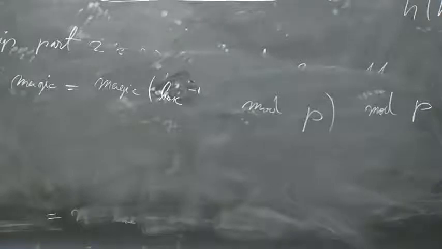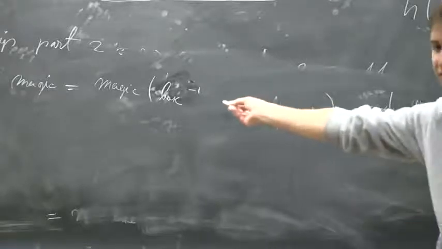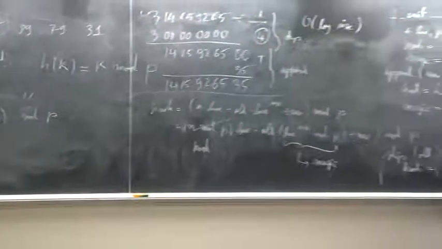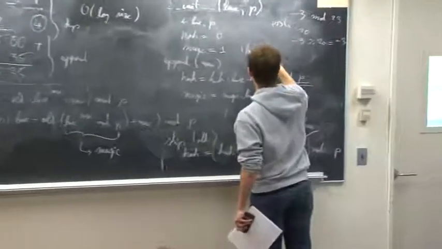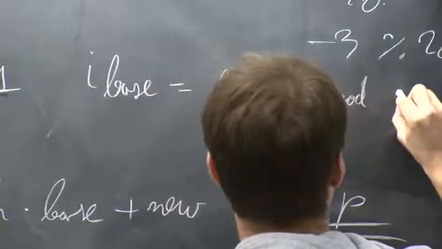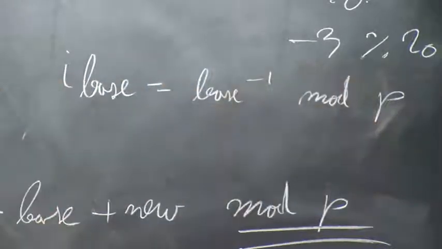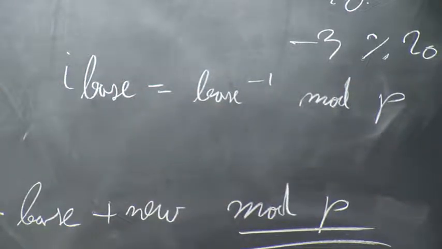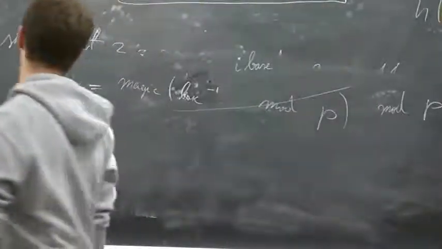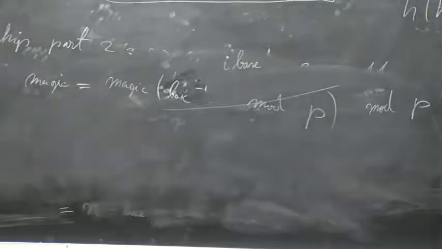Pre-compute it. Base is not going to change, right? Very good. So the inverse of base, I base, is base to the minus 1 mod p. So here I replace this with I base. OK, so skip part 1 is there, skip part 2 is here.